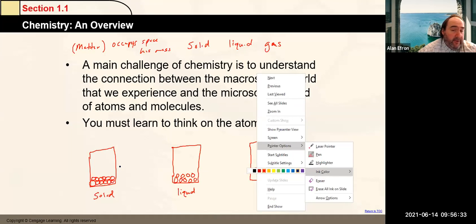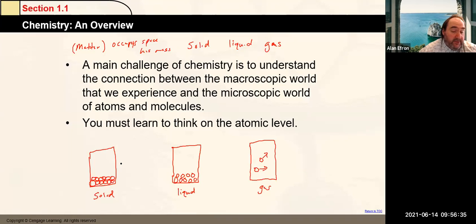The other important things in chemistry that we deal with are those transitions. So when we go from solid to liquid, that is the transition known as melting. When we go from liquid back to solid, that is the process known as freezing, right? If we go from liquid to gas, that is the process of evaporation or vaporization.